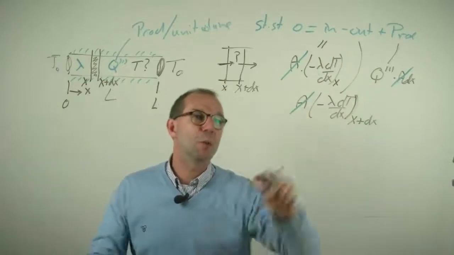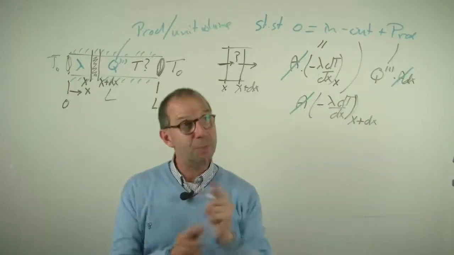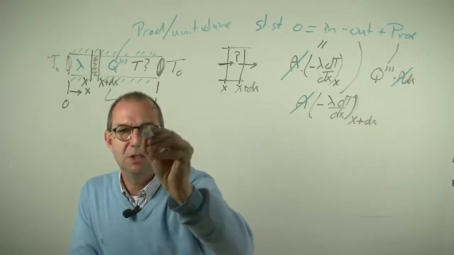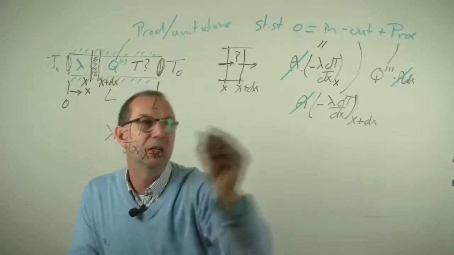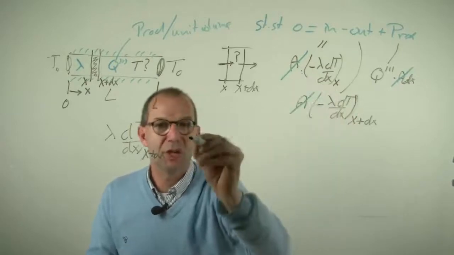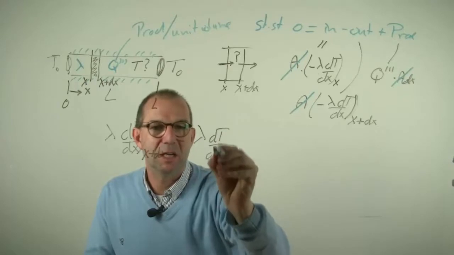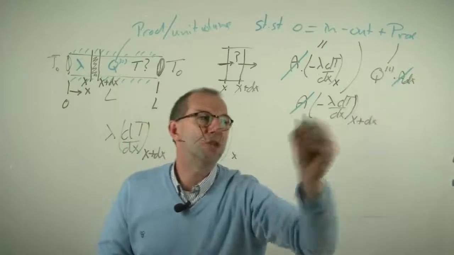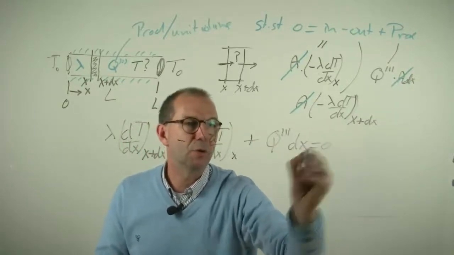So if I rewrite this equation starting with this term and the 0 on the right hand side, so we flip the equation, then it starts with lambda dT/dx taken at x plus dx, that is the out term with the double minus sign, and then the in term has a single minus sign, so I subtract that, minus lambda dT/dx done at position x, plus Q''' dx equals 0.